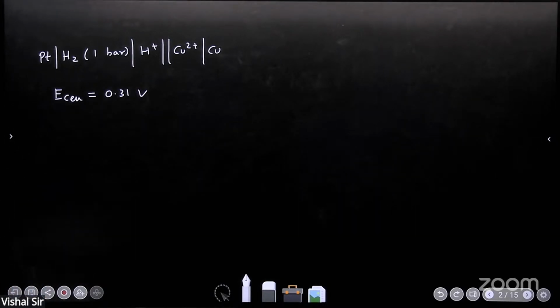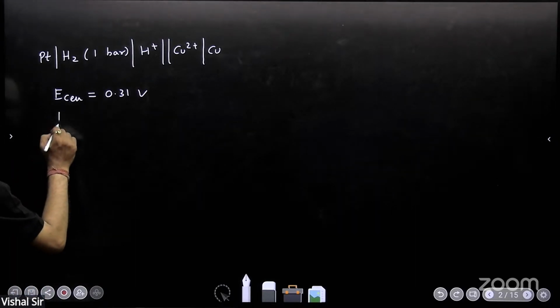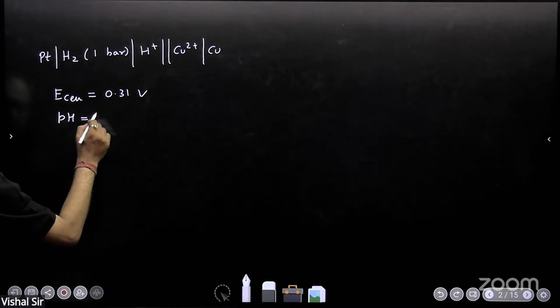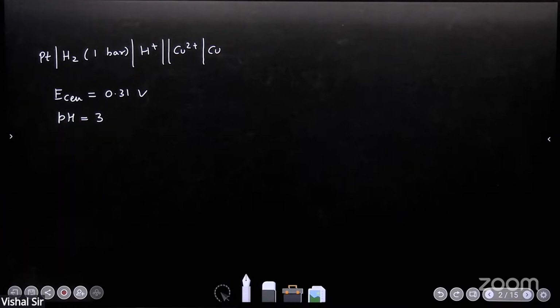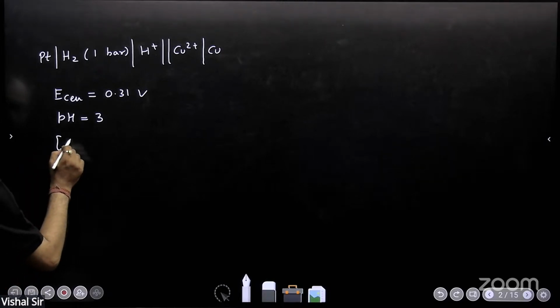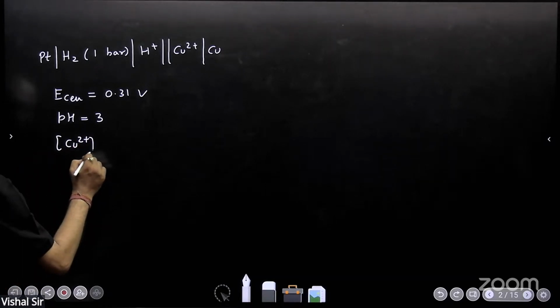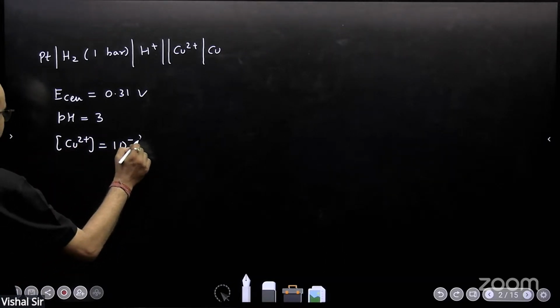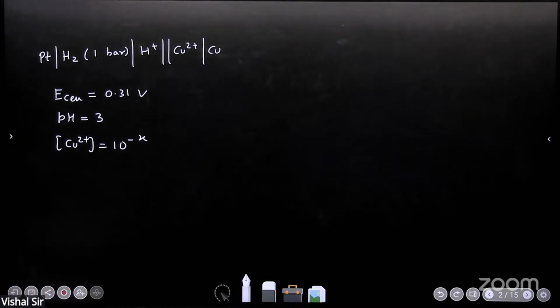The pH of the solution is given 3. And you are asked what is the concentration of Cu2 plus. It is given like this, 10 raised to minus x.